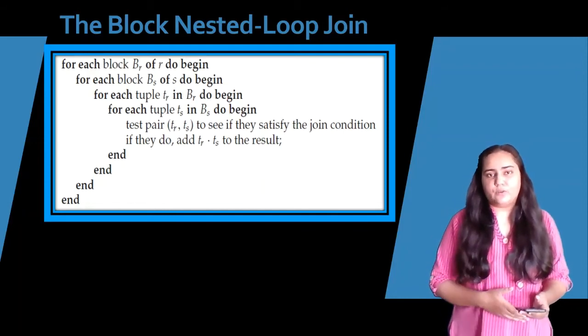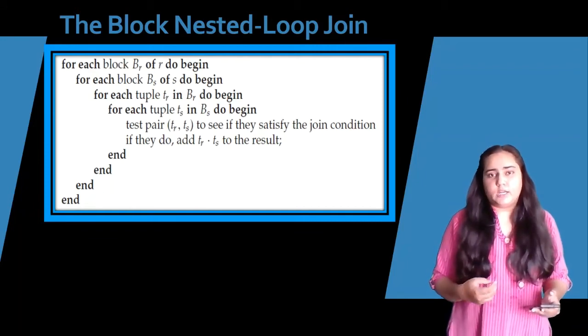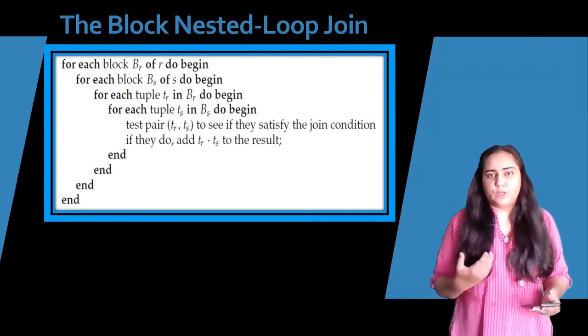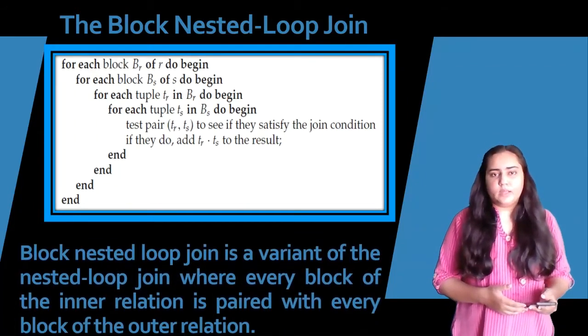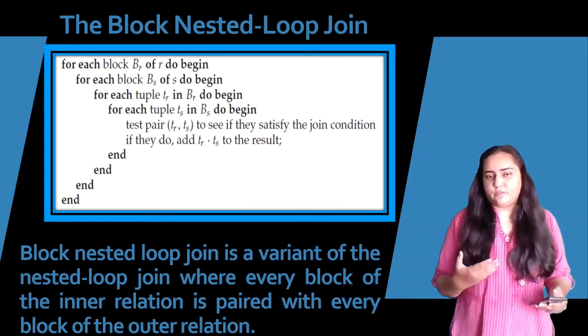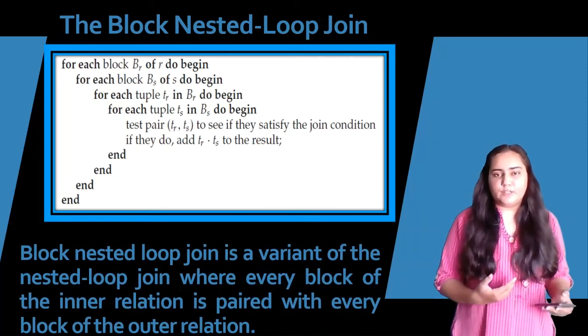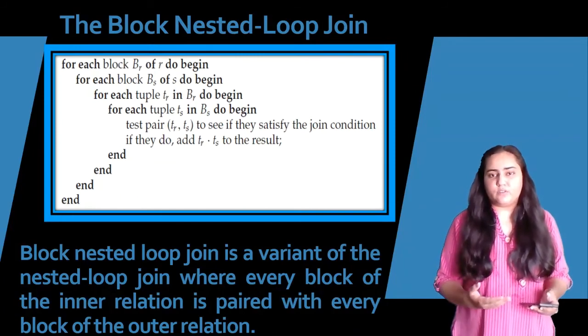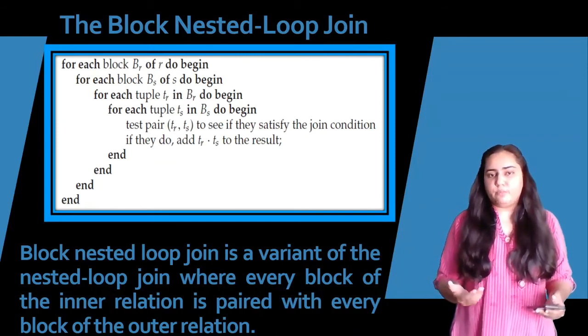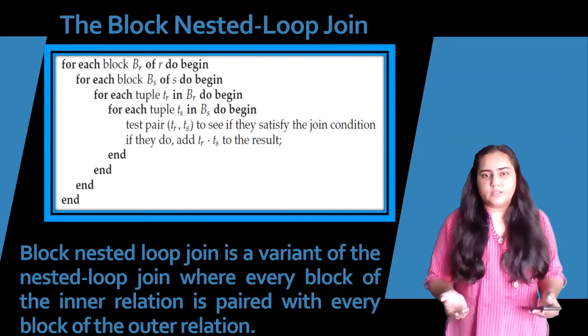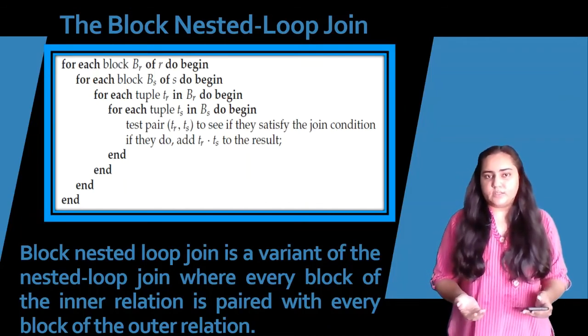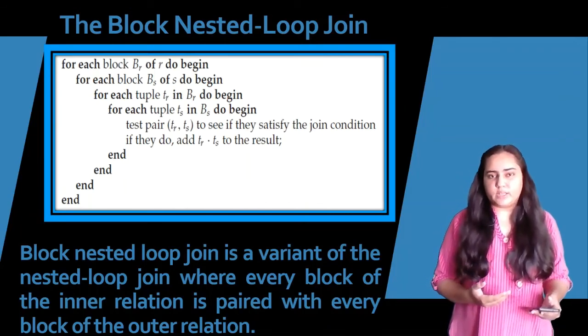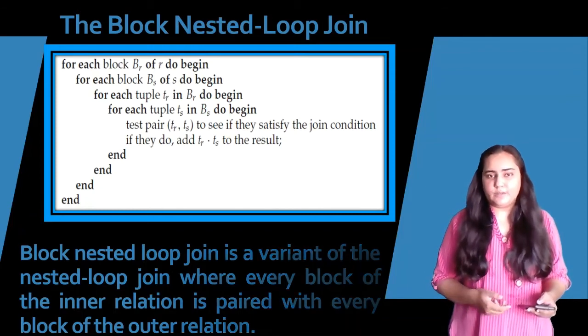You can see the algorithm. There's a significant change because we added two more extra loops here. It's a variant of a nested loop join where every block of the inner relation is paired with every block of the outer relation.